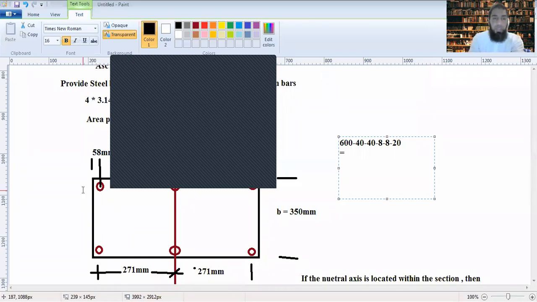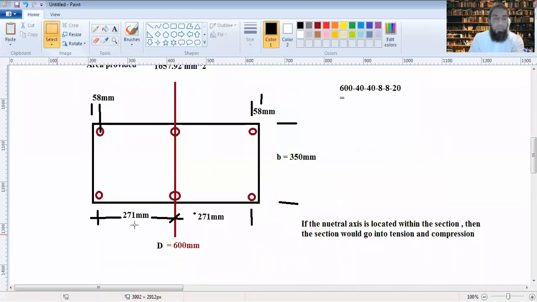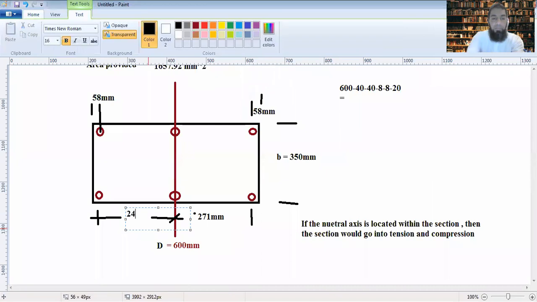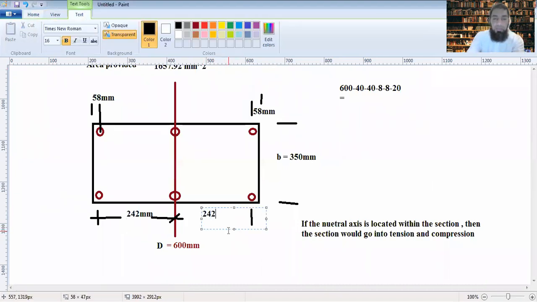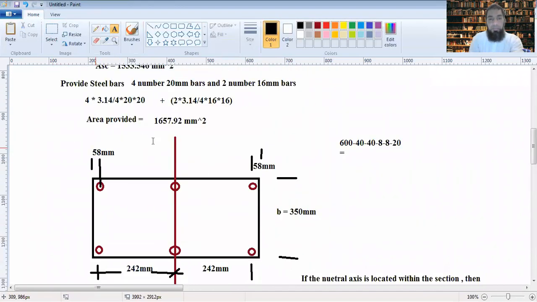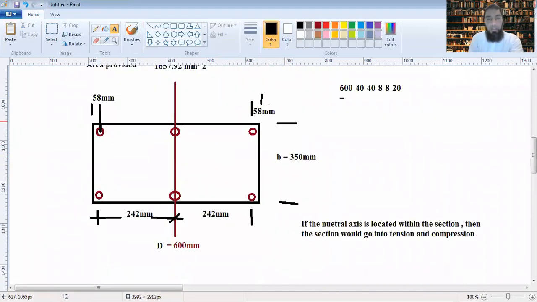So this is 242. Sorry, this is 242. This is also 242 then. On the edge, this is right. 58, 58 is right.